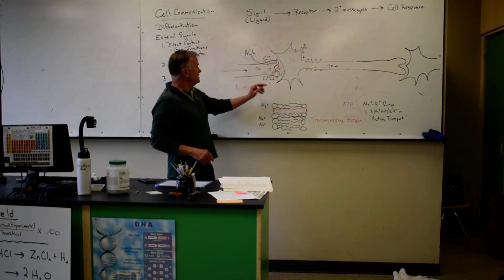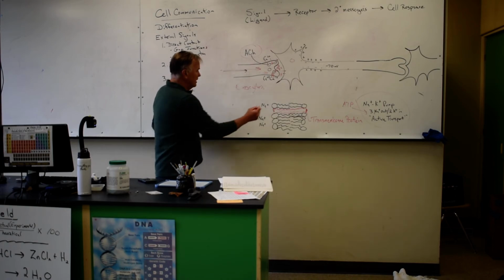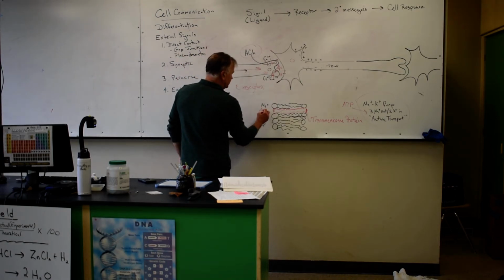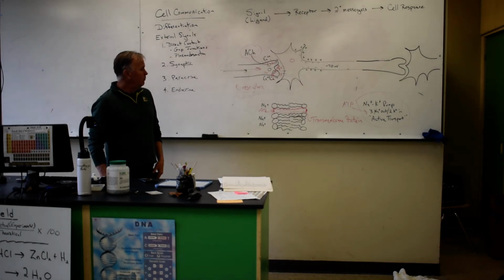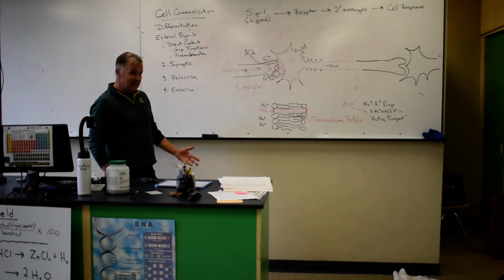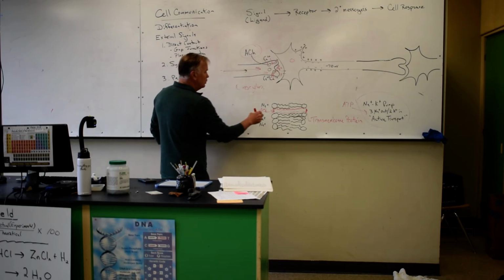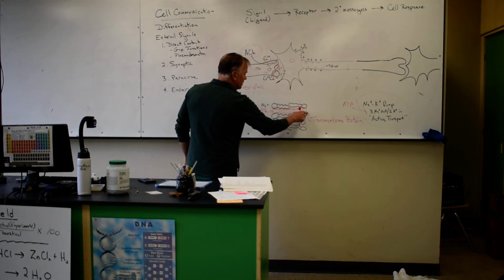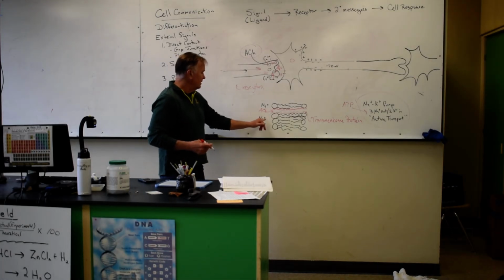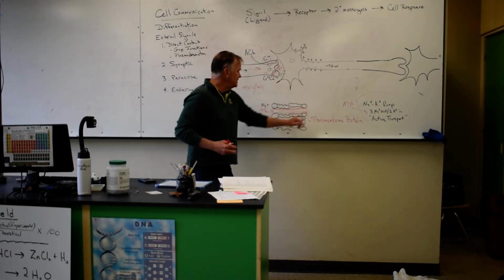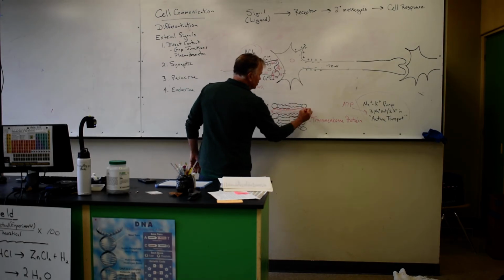So what will happen is acetylcholine will get in here. So ACH comes in and it binds into that transmembrane protein. And when it does that, it causes a conformational change which opens the gates. When that gate's open, of course, you have more sodium on the outside than the inside, so the sodium rushes in.